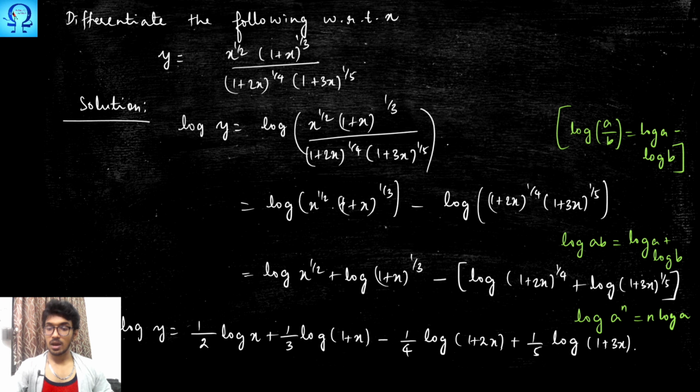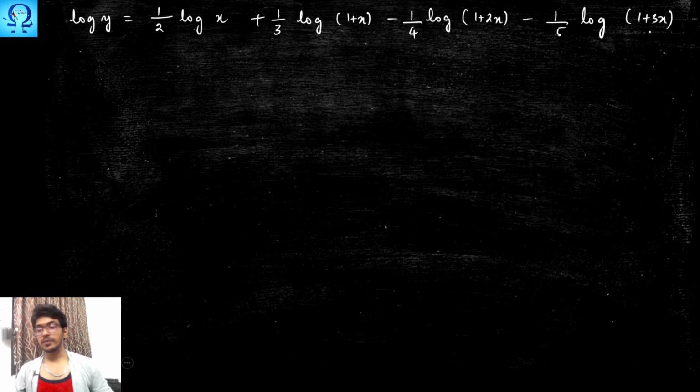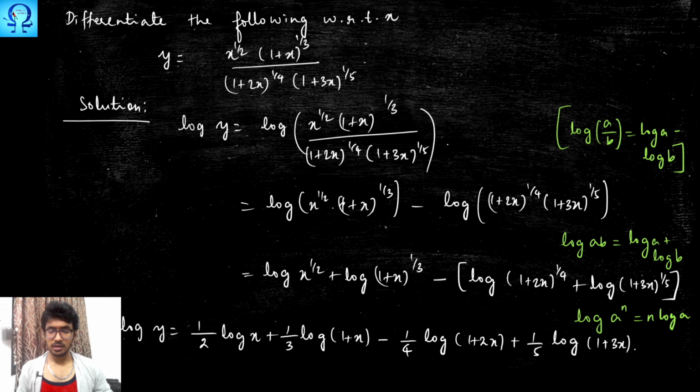Now let us see how to do the differentiation of these things. Okay. What we have is log y is half times log x plus 1/3 times log(1 plus x) minus 1/4 times log(1 plus 2x) minus 1/5 times log(1 plus 3x). Here I have said we are taking log. I did not specify what is the base of this logarithm.